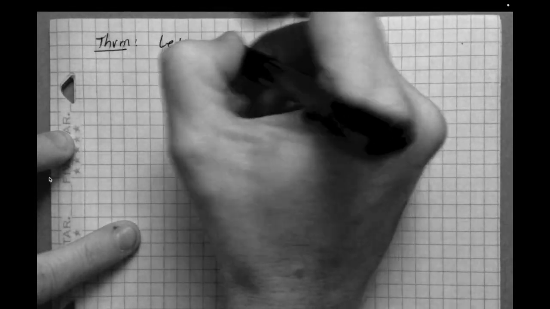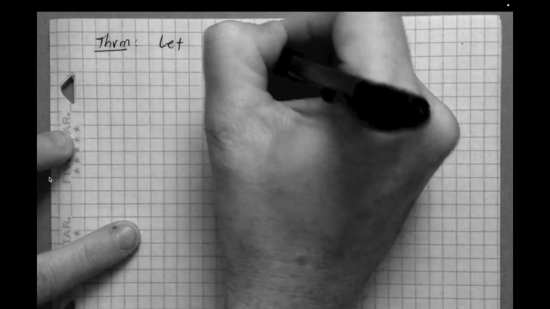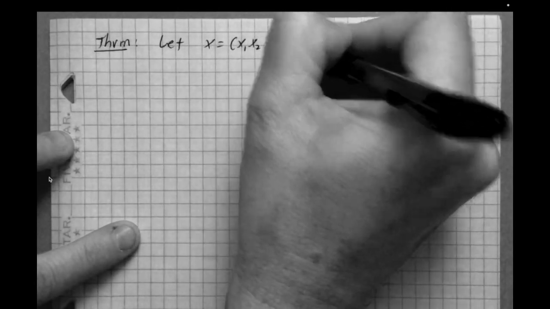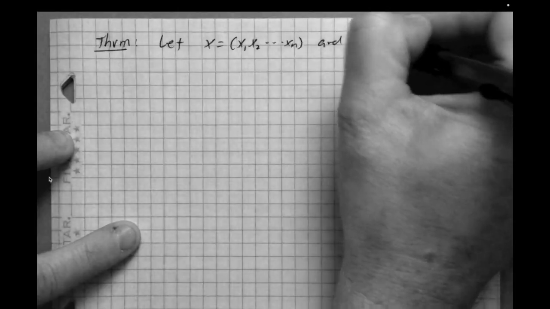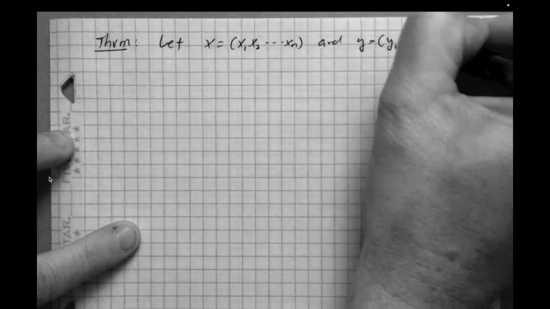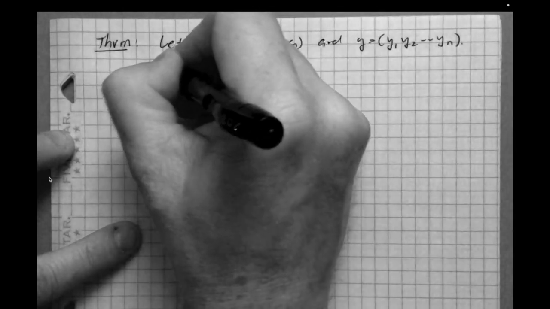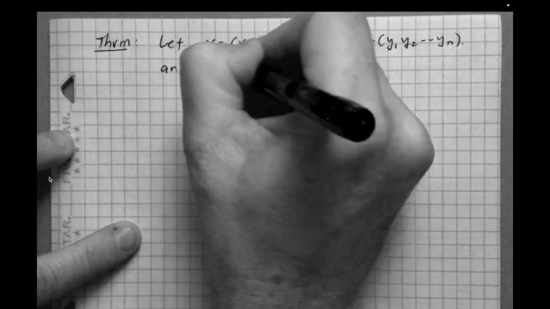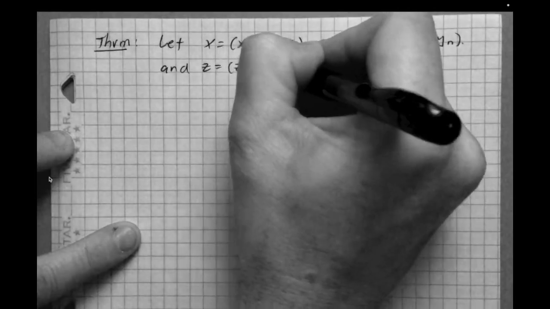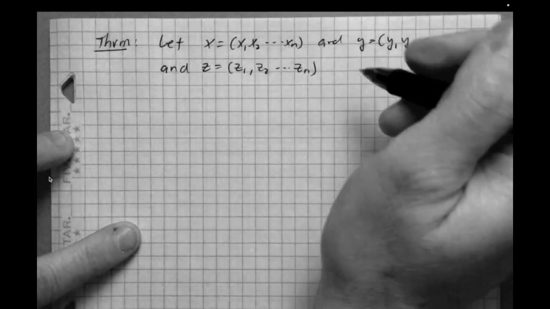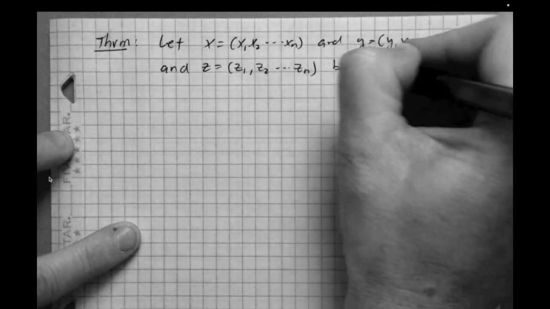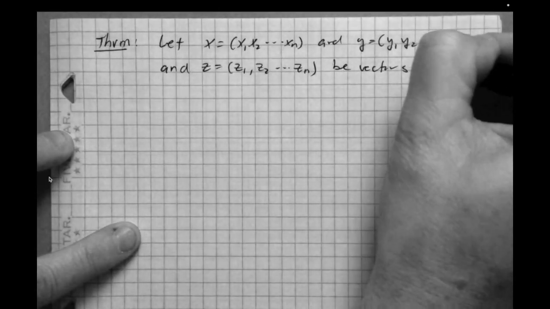So let's let x equal x1, x2, xn, and y equal y1, y2, yn. And z, we'll need 3 of them, equals z1, z2, zn. Be vectors in Rn, right?